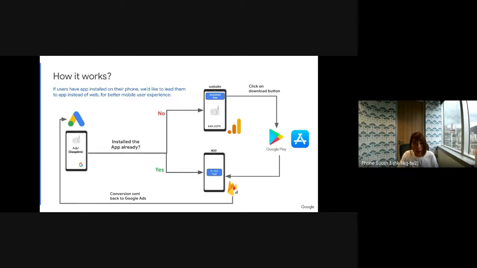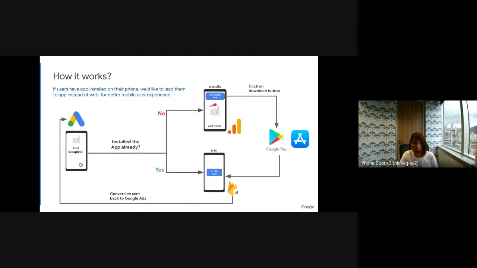So here we will also have Firebase installed. And then once the conversion happens, we will also send that back to Google Ads for optimization. Right? And if the user has not installed the app yet, we will lead them to the mobile website instead.